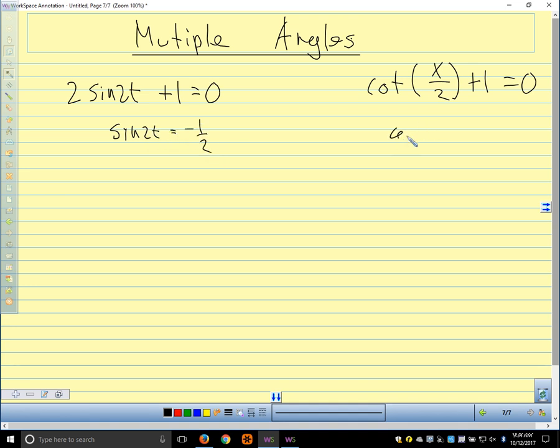Here I would say cotangent of x over 2 equals negative 1. So here we want to say our angle is 2t. So we say, where on the unit circle do we get a sine of negative 1/2? Didn't we already do that one?